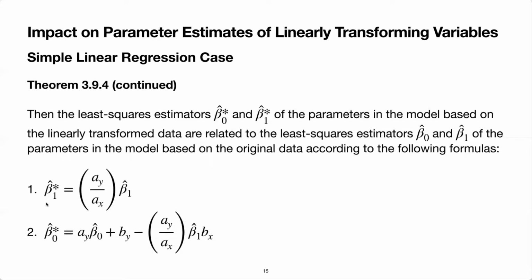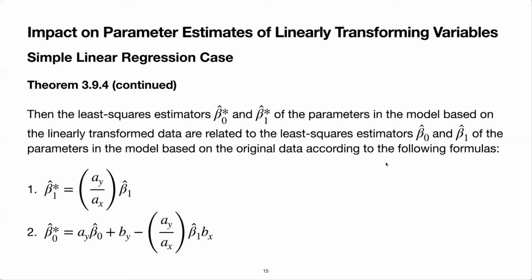So beta 1 star hat is equal to a sub y over a sub x times beta 1 hat, and beta 0 star hat is equal to a sub y times beta 0 hat plus b sub y minus a sub y over a sub x times beta 1 hat times b sub x.